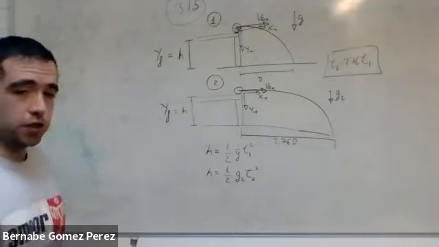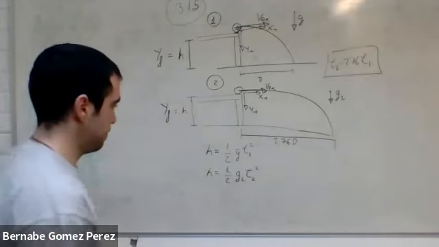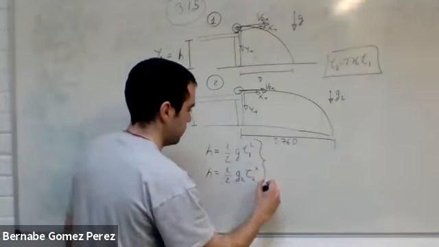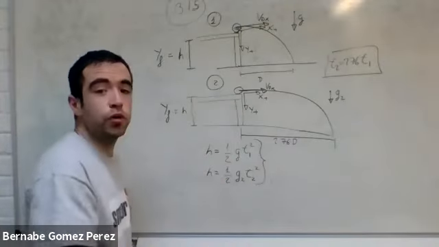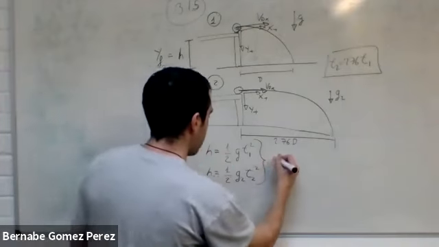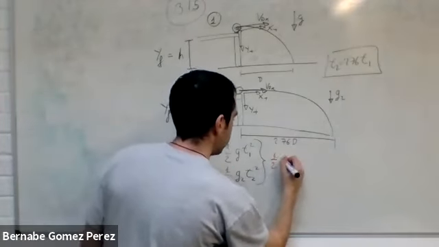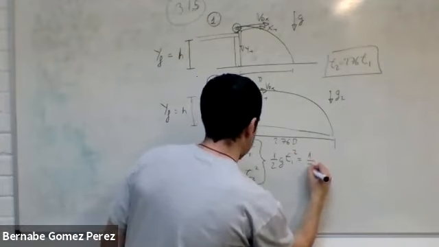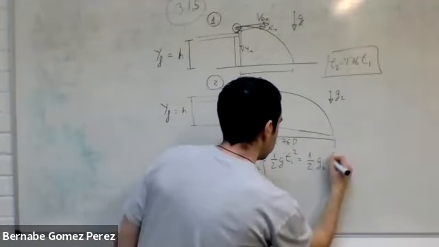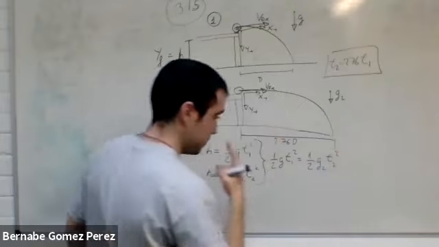Both are equal to h, so I can just equalize them. I will just equalize them, right? So I can get rid of h, which I don't know. So 1/2 g t1 squared is equal to 1/2 g2 t2 squared, okay?